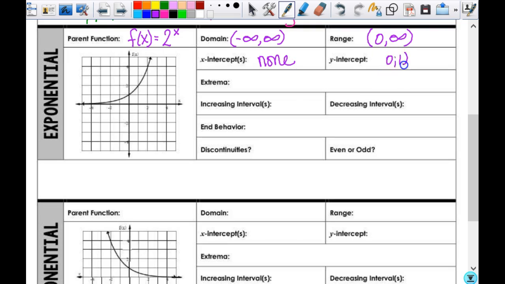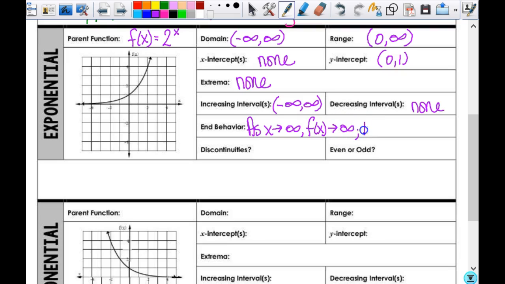What's my y-intercept? 0, 1. Good. Do I have any extrema? No. Is it increasing anywhere? Yes, from negative infinity to infinity, which means it's not decreasing anywhere. End behavior, as x approaches infinity, f of x approaches what?